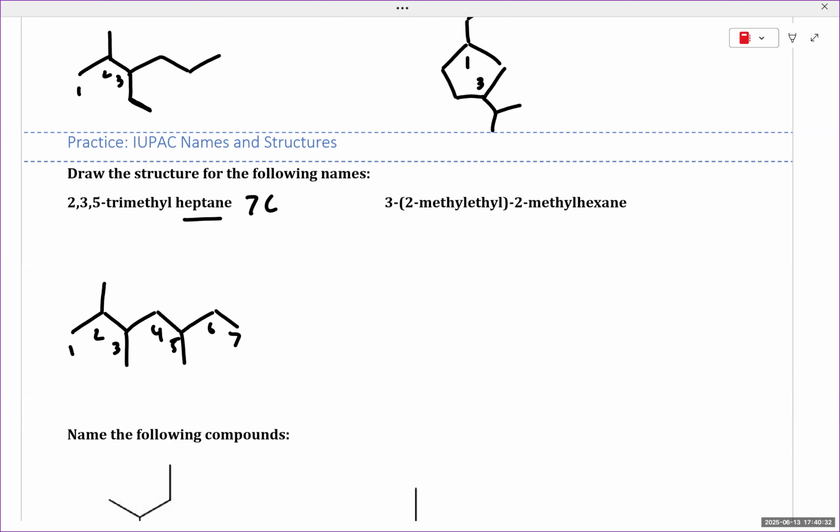Here we have a complex substituent. Nonetheless, let's start with our main chain, hexane, 6 carbons. 1, 2, 3, 4, 5, 6. We next need a methyl group at position 2. And at position 3, we have a 2-methyl ethyl group. So in this case, we have an ethyl group side chain.